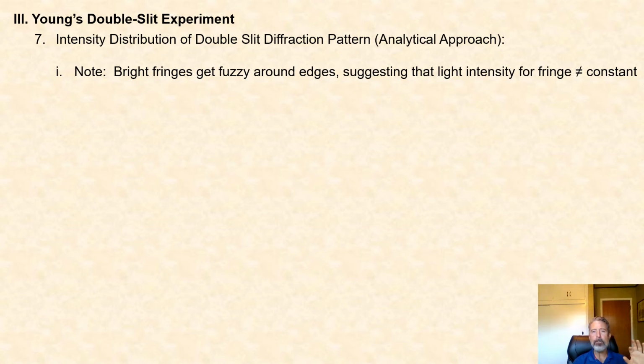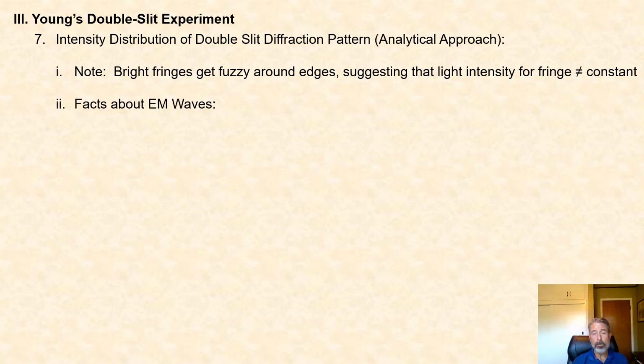But within a given fringe, you'll notice that the center of the fringe is very bright, but then it gets a little bit dimmer as you move away from the center, suggesting that the intensity changes for any given fringe. And that's what we're trying to do in this slide. We're trying to see how the intensity, how the brightness, changes for a given fringe as you move horizontally from the center of the fringe.